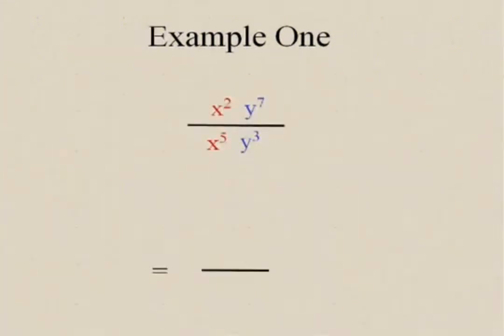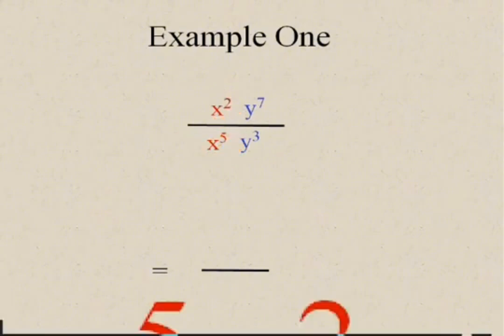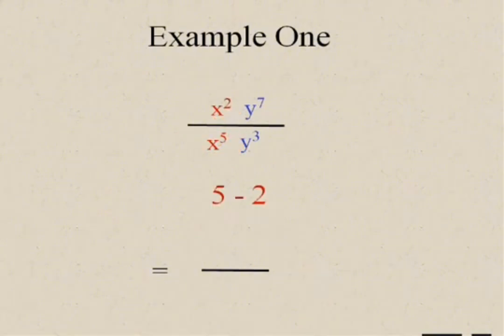What happened? Well, I'm going to give you a shortcut in this case, so that you don't have to write all those out. Couldn't you say that we took x to the 2nd, x to the 5th, subtracted, and put the answer where the largest one was? Always works. Y to the 7th and y to the 3rd, we subtracted and put the answer where the largest one was.